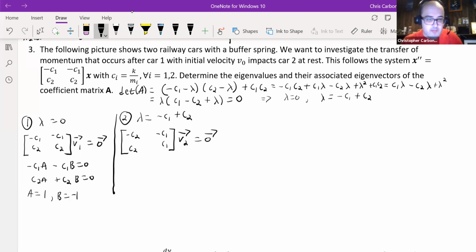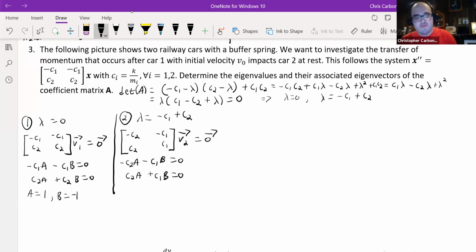Our 2 equations then are going to be negative c sub 2 times A minus c sub 1 times B is equal to 0. And c sub 2 times A plus c sub 1 times B is equal to 0.